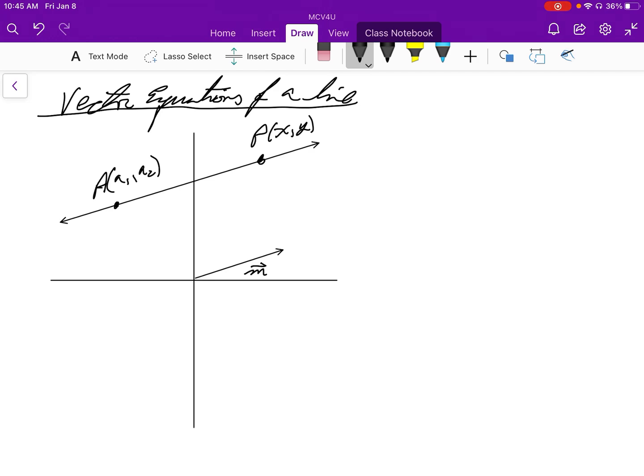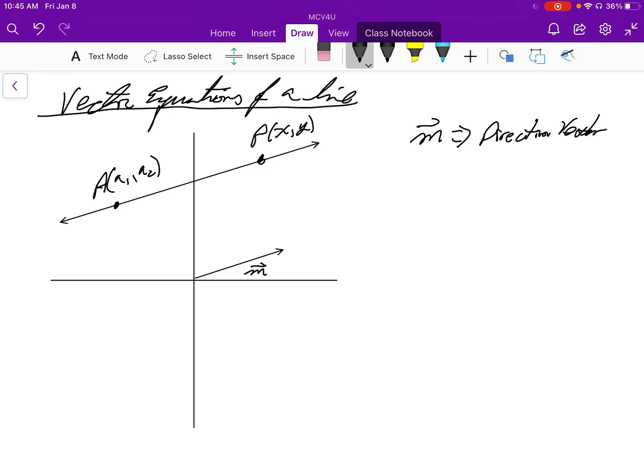Our vector m is not a slope vector. We don't call it that. We call it the direction vector. Why? Again, it's in the same direction as the line. You can consider it as parallel with it, in the same direction.